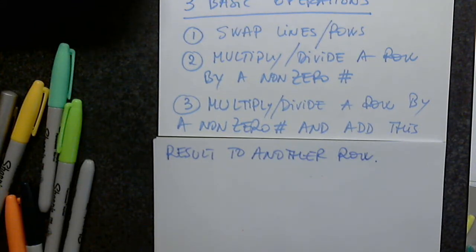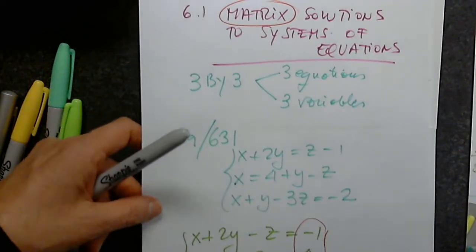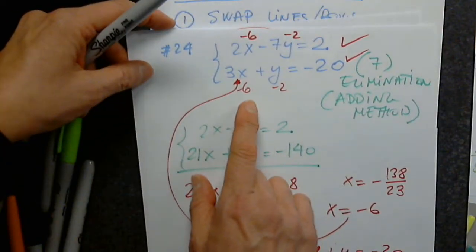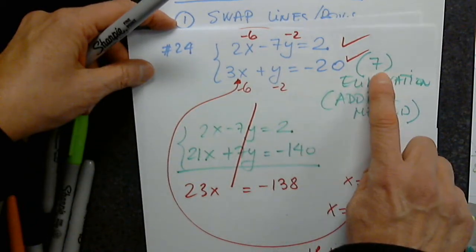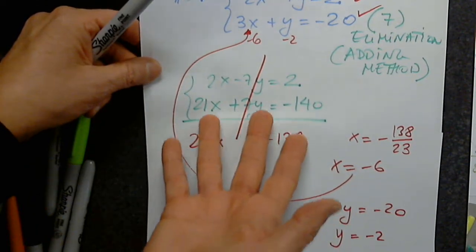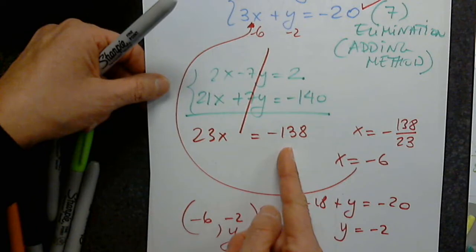So how does that translate here? Do you remember a few minutes ago what we did here? We multiplied this equation, both sides, by 7, right? We have it here. And then we added the result to another equation, and we got this equation.